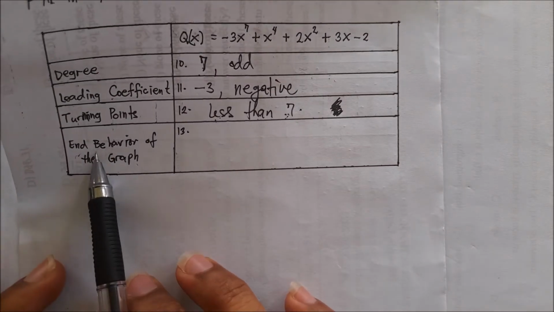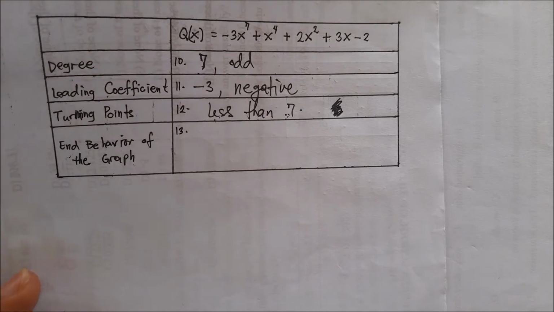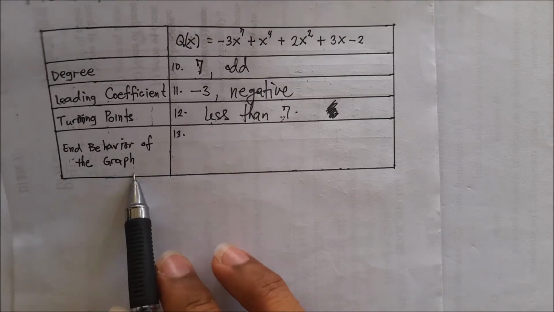And how about the end behavior of the graph? I showed you already the table on how to answer the end behavior of the graph.